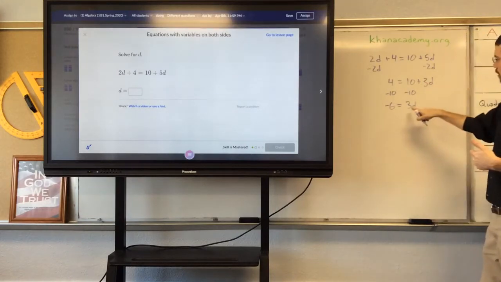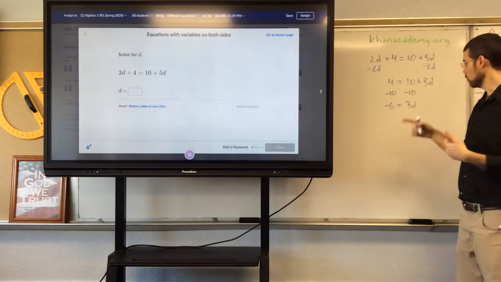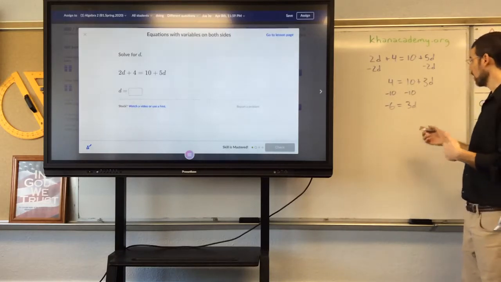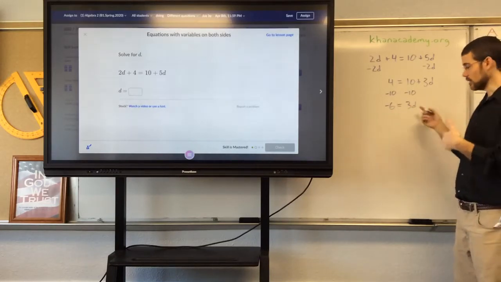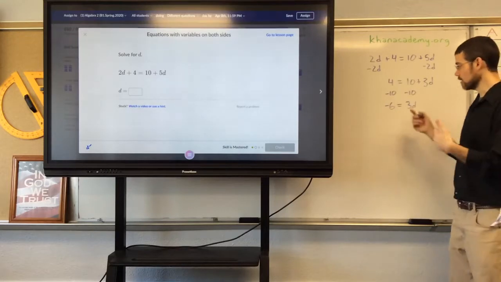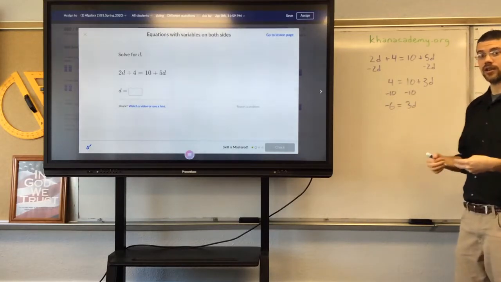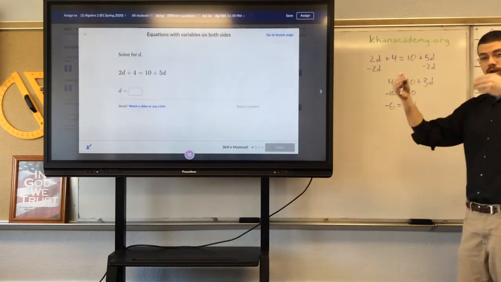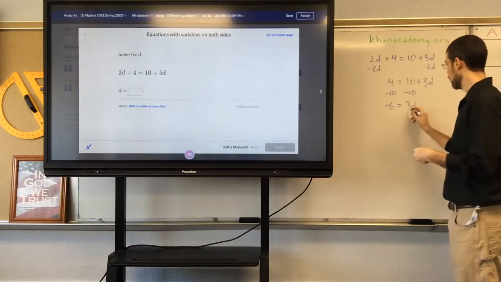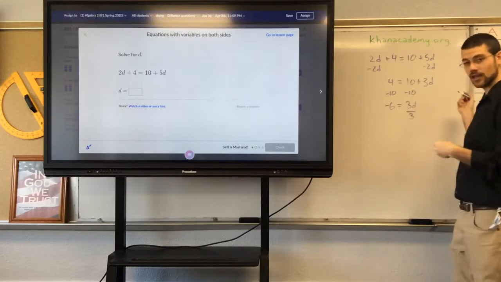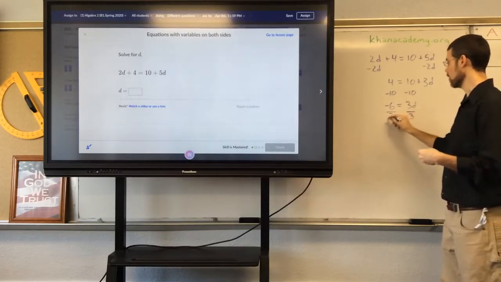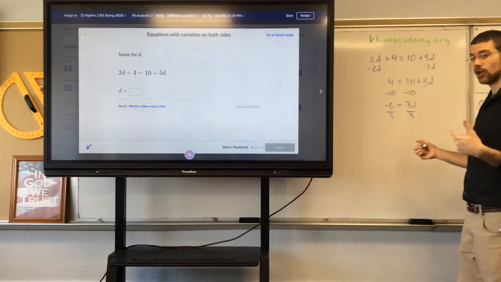And now to figure out how many d is worth all by itself, I need to undo multiplication by 3. If 3d's is equal to negative 6, then I can divide the 3d's so that the 3d's become a single d. And if I do that on the right side of the equation, I have to do the same thing on the left side to keep the equality consistent.